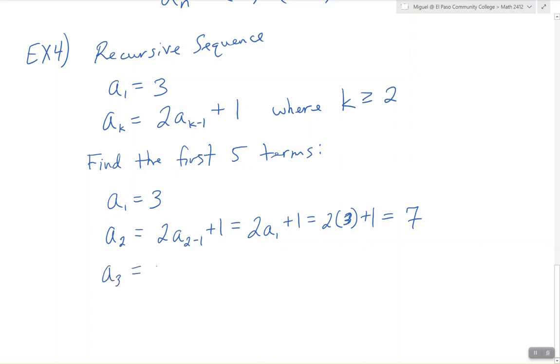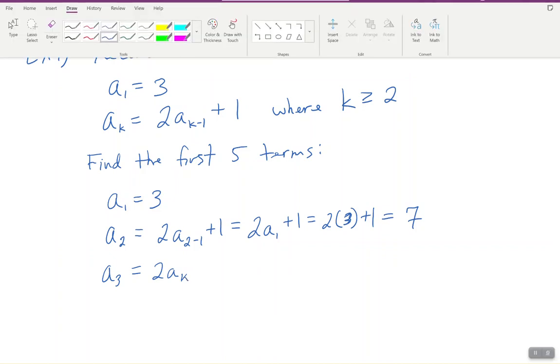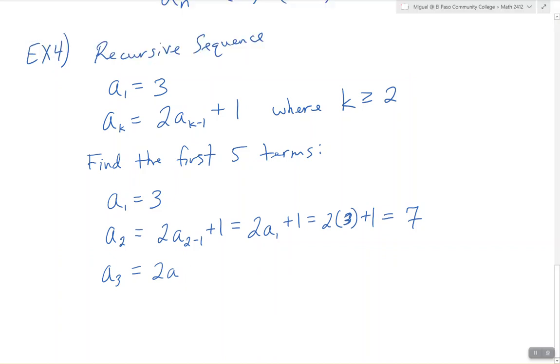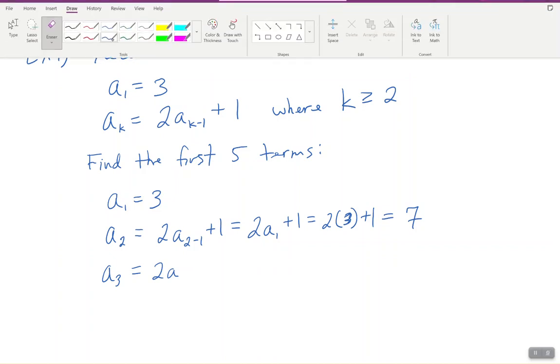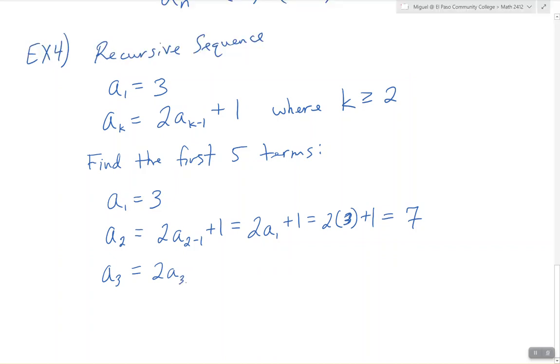A sub 3. If k is 3, that means we'll have 2 times A sub 3, oops, I meant to put a 3 there, minus 1, plus 1.